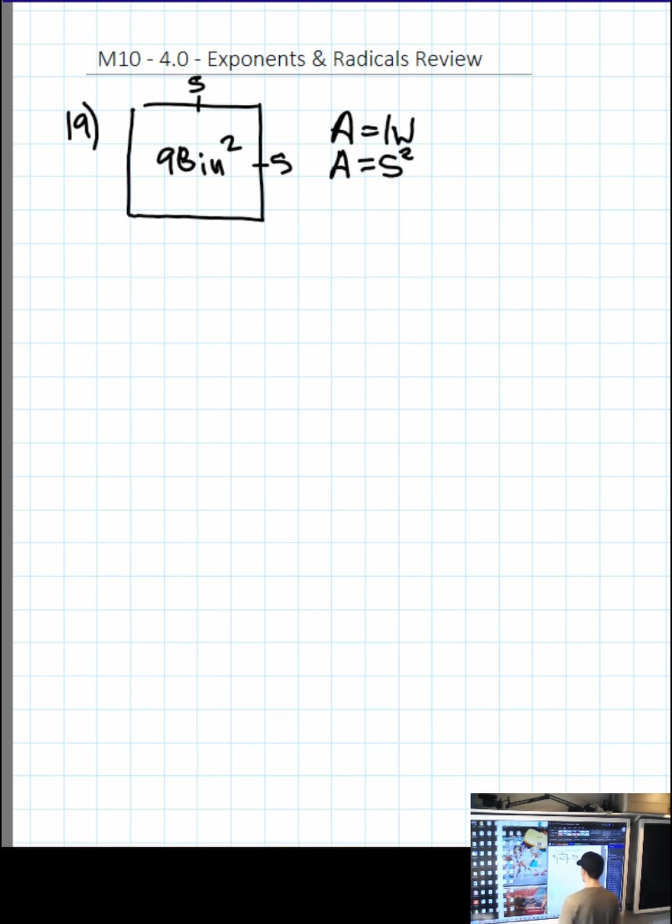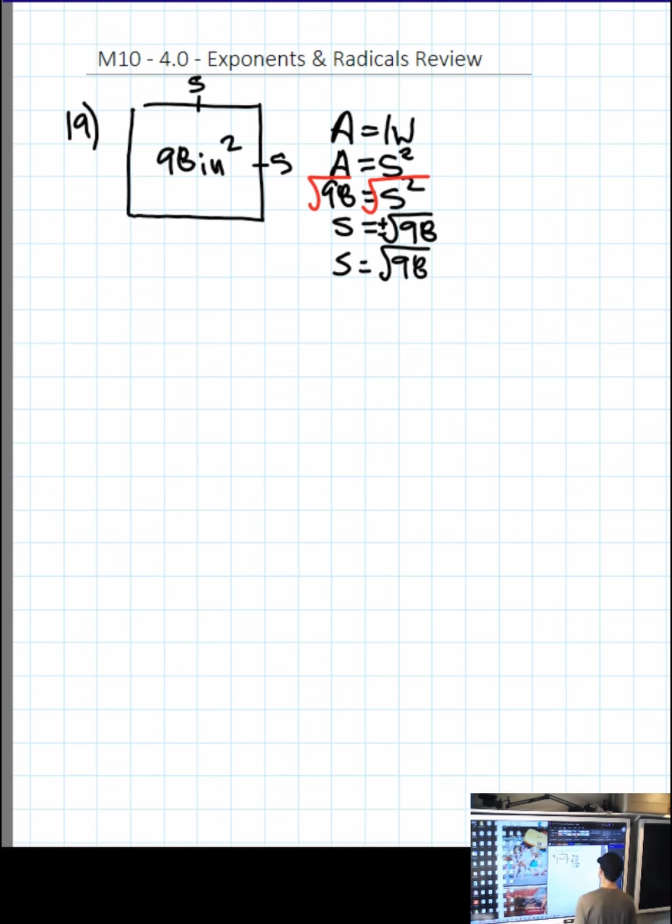The side length times the side length, s squared. Now we can take the area, 98, and substitute it in for the area. Then we can reverse the operation of squared by square rooting both sides. Therefore, s equals the square root of 98. And it's plus minus. But we can reject the negative, so s just equals the positive root of 98 because they're side lengths of a square.